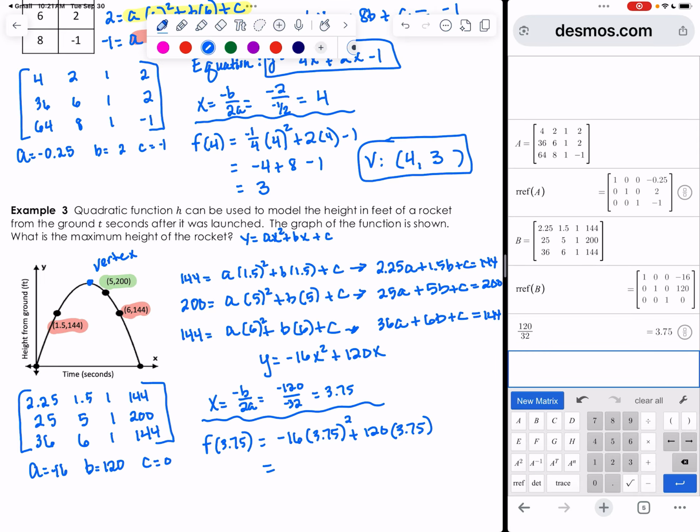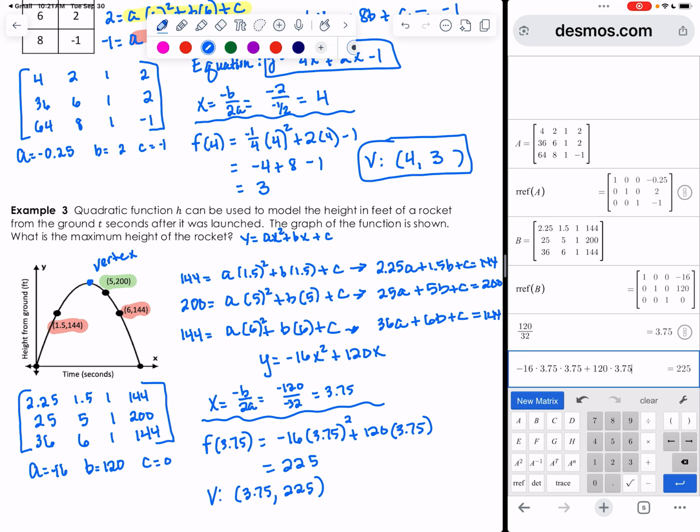I have used my calculator here. This would be negative 16 times 3.75 squared, which is 3.75 times 3.75, and then plus 120 times 3.75. So that gives me 225. So the vertex of this function is 3.75, comma 225.